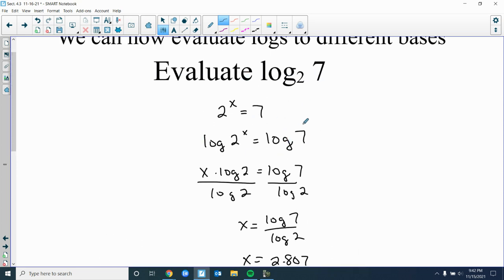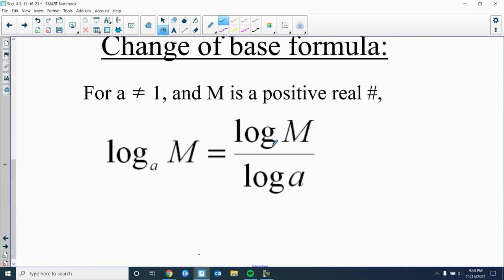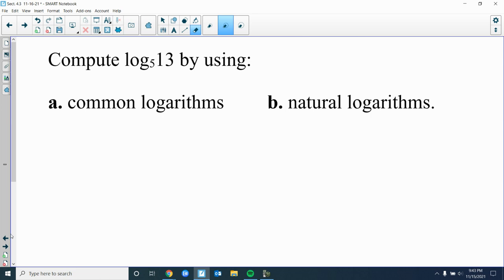When we did this work, we ended up with the log of 7, which you see right here, log of 7 divided by log of 2. So that's our change of base formula. Now we can make this any base right here, whatever we want to make it. Typically, it's easier if you do it base 10 or base e, but it technically doesn't matter. And there might be some situations where that comes up.